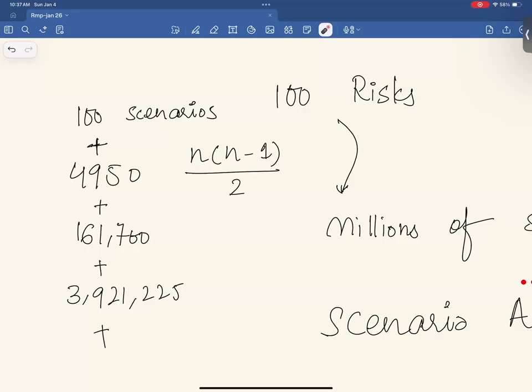I check this probability and I qualitatively analyze its ranking. Then how will I assess what will be the impact of that particular risk quantitatively?